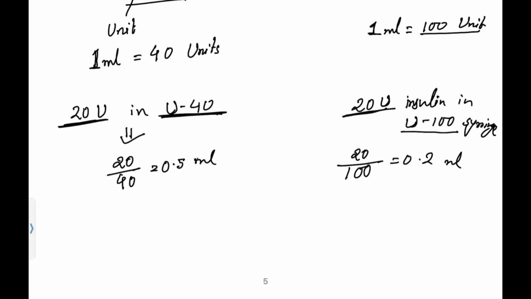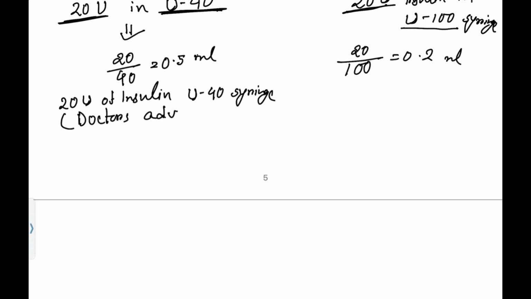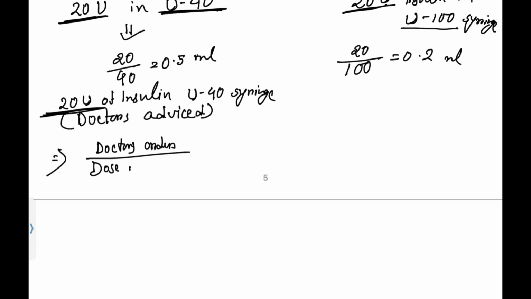Can you see how I calculated this? So if the doctor orders you to give 20 units of insulin in a U40 syringe, how much ml will you give? How to calculate? Doctor's order, that is 20 units, divided by dose in hand. This is the formula, right? We have learned.